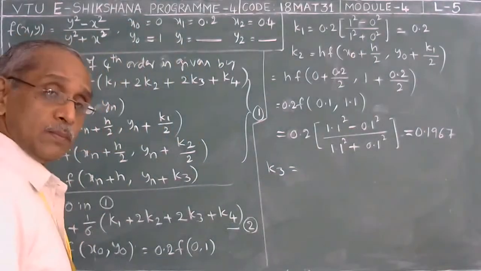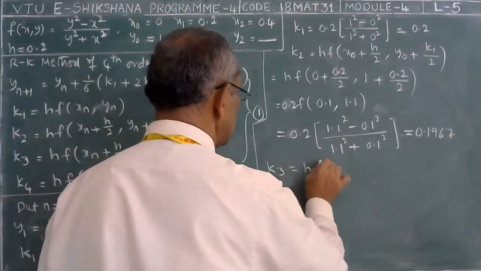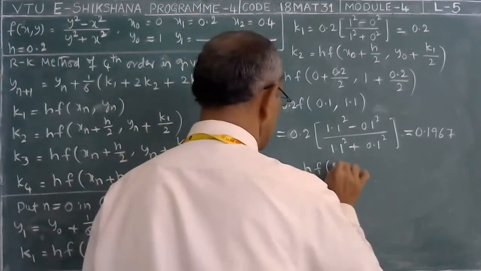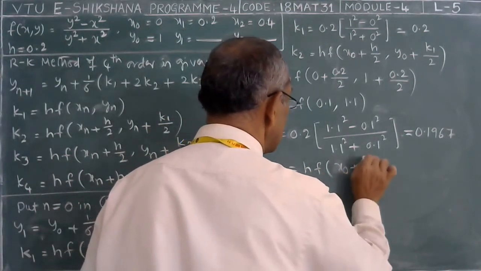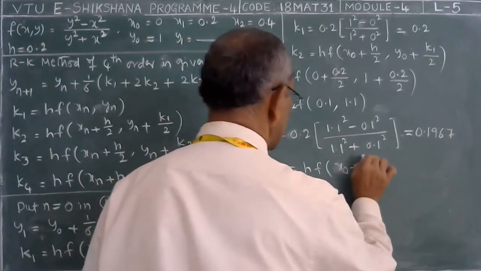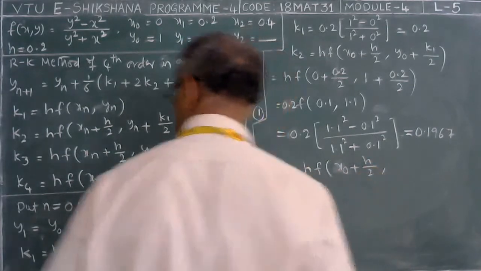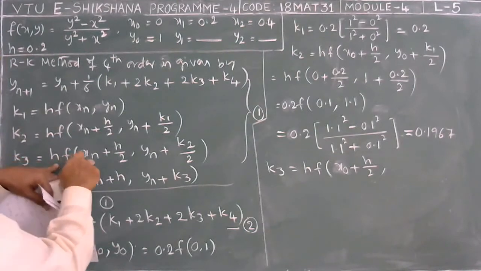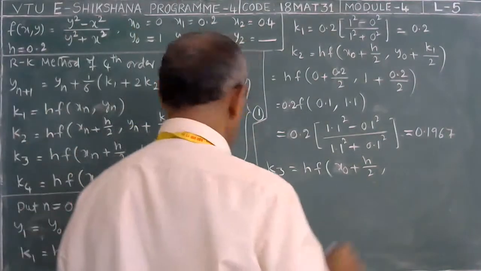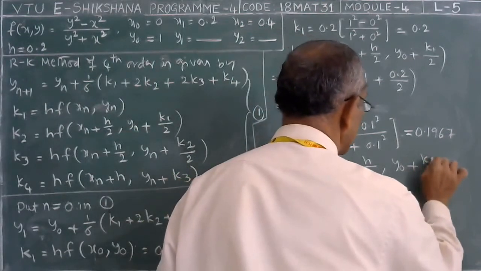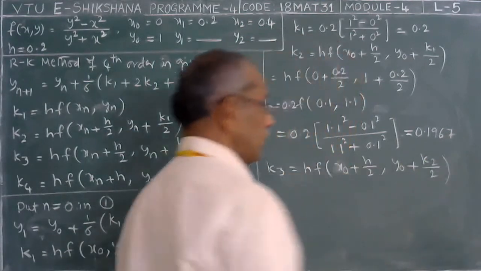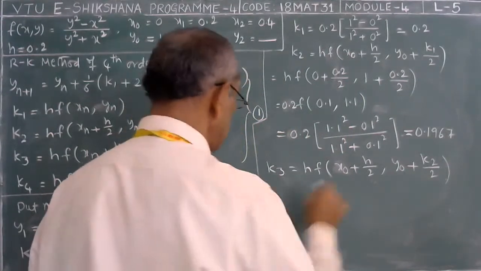Now k3 is equal to h into f of x0 plus h by 2, comma, y0 plus k2 by 2, when n is equal to 0. Now let me substitute.